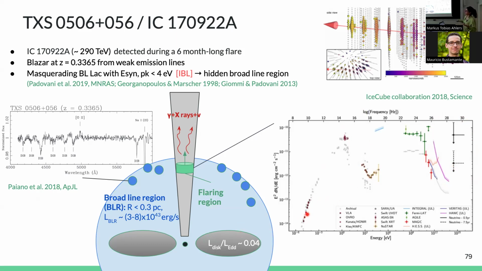I mean, back in the day, before this event, people thought, okay, this is leptonic in origin, and this could be hadronic in origin in order to explain also the very high energy neutrino flux.